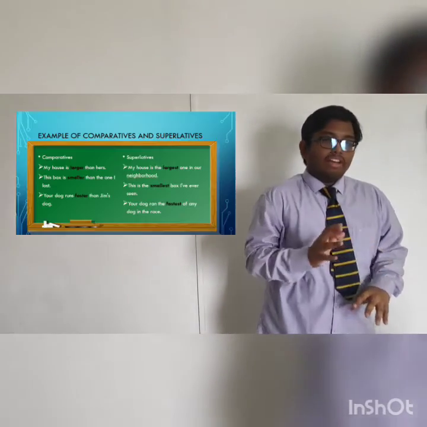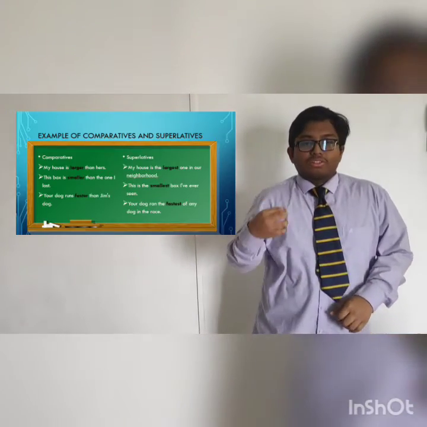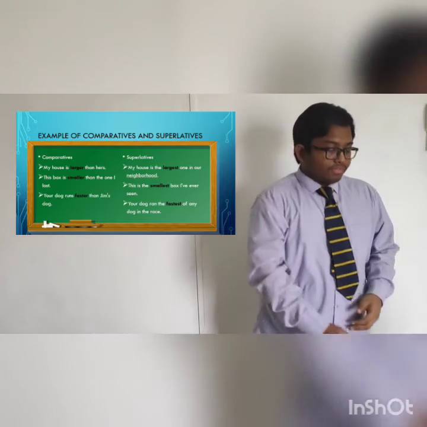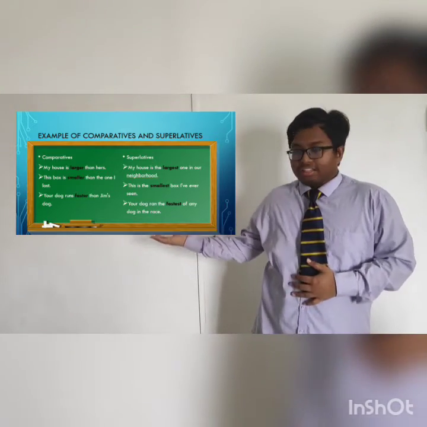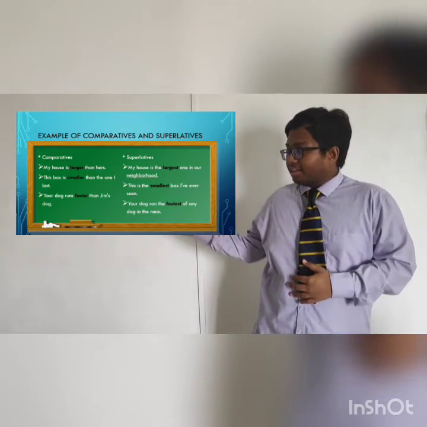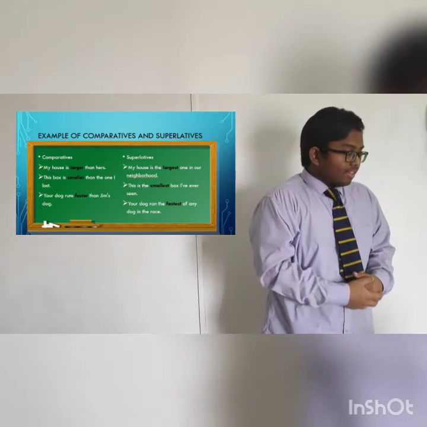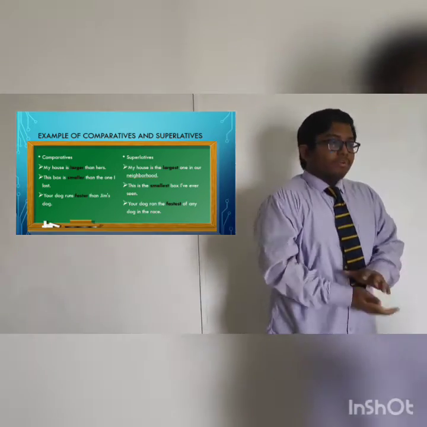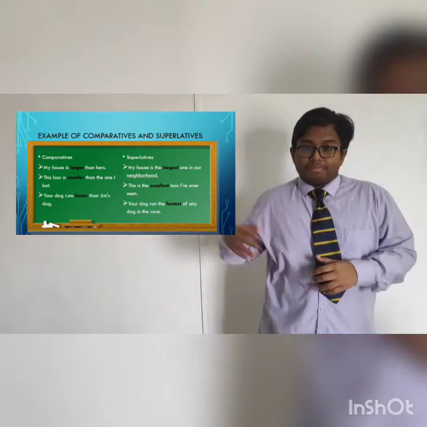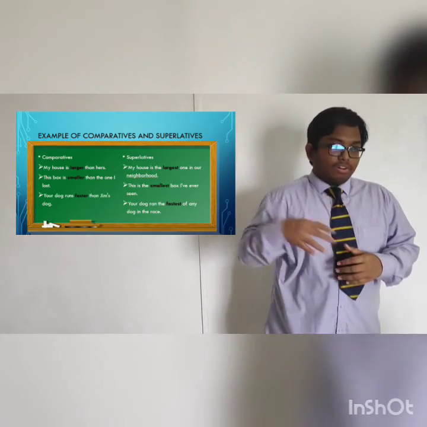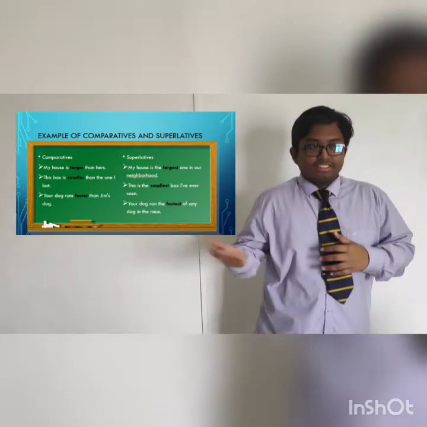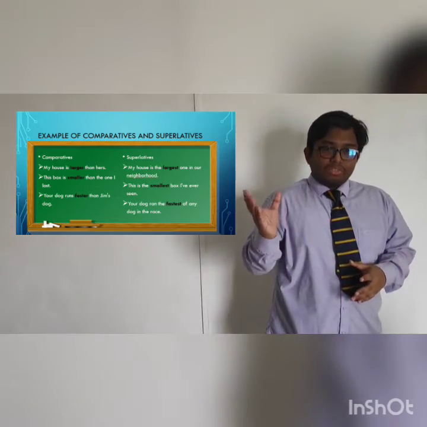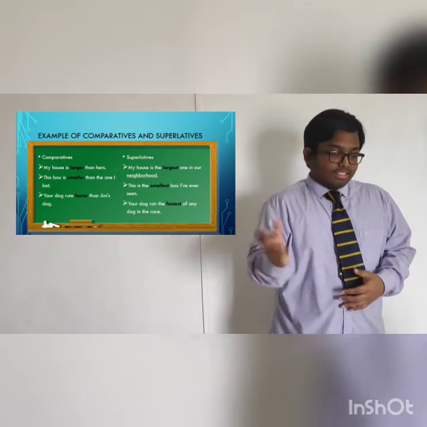Now let's take a look at the examples of comparative and superlative. Okay class, take a look at the slides. For comparative, the first example that I prepared for you is: my house is larger than hers. The comparative used in the sentence is larger.